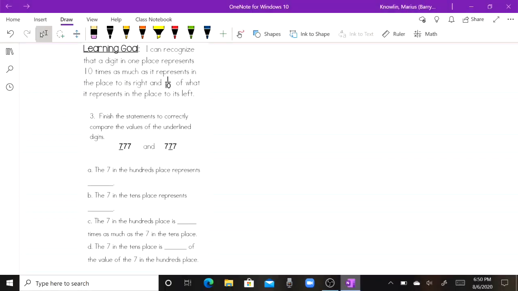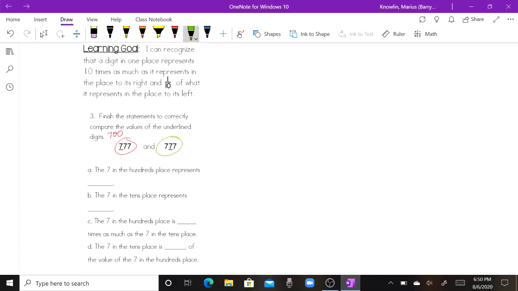Number 3 says, finish the statement to correctly compare the values of the underlined digits. So this first one here, that 7 is in the hundreds place, right? So we could write that 7 represents 700. What about this 7 over here?